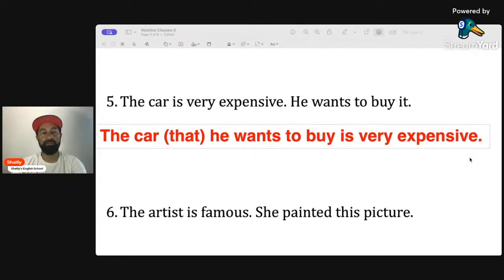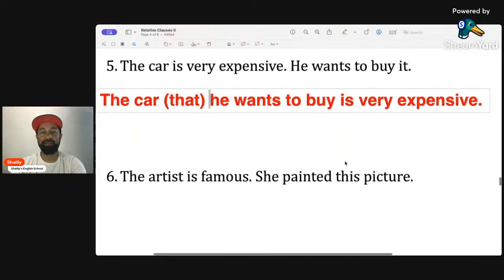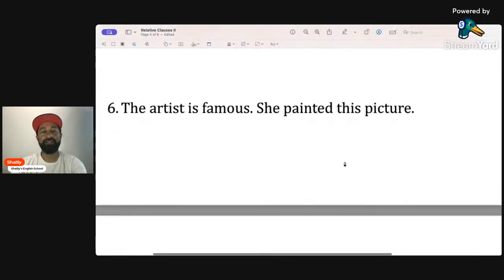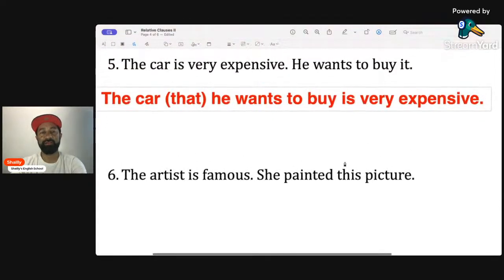All right, let's do number 6. We'll go up to 10 and then we'll call it a lesson. Number 6, the artist is famous. She painted this picture.